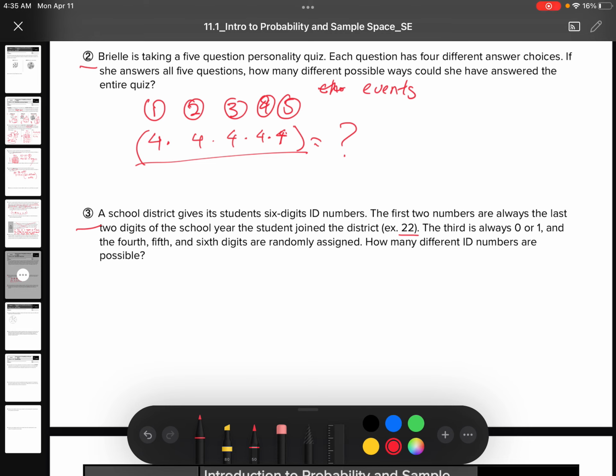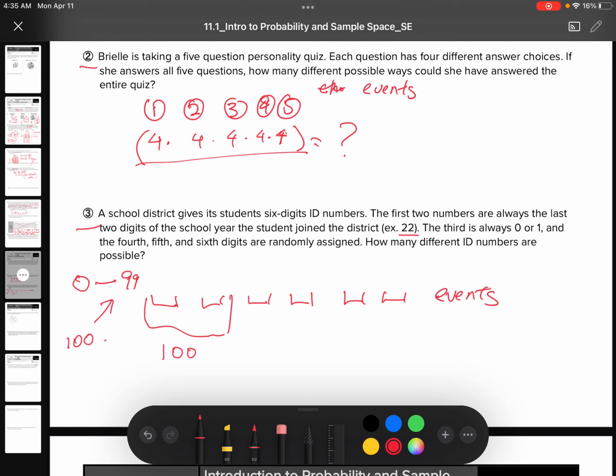Well, this one has 6 events that are occurring. The first 2 numbers are always the last 2 digits of the school year, so these 2 numbers have 100 possibilities because you can go from 0 to 99, and there's 100 choices there.